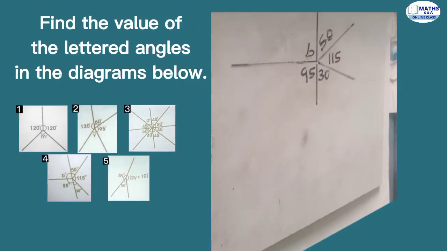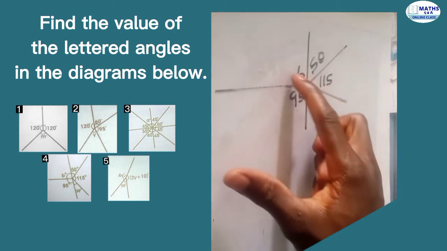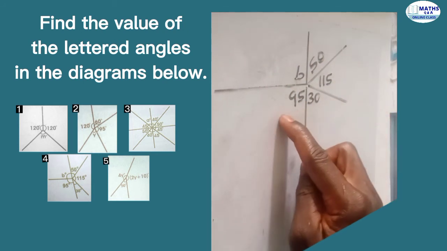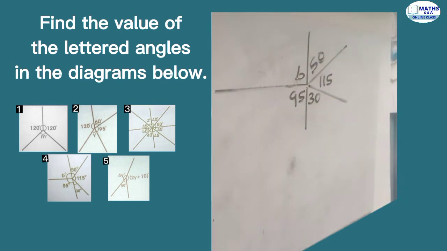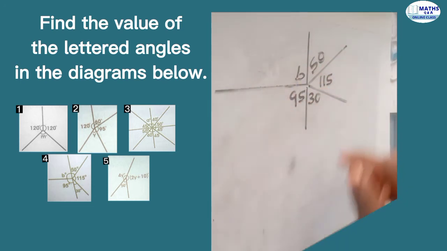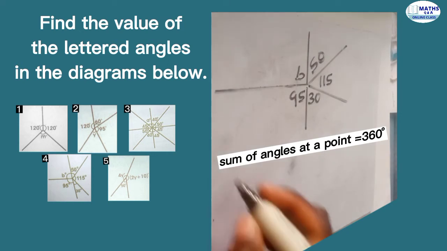Now let's move on to the next figure. The next figure is what? We have the angle here to be B, 50, 115, 30, and 95. These are the angles given, and these angles meet at a point, right? So they sum up to what? 360 degrees. So now let's do that.